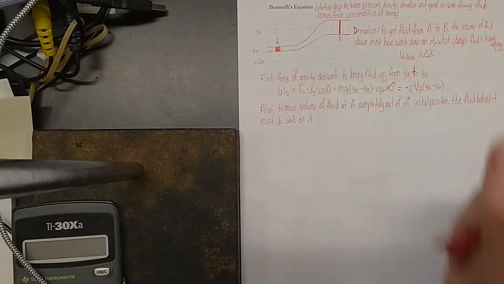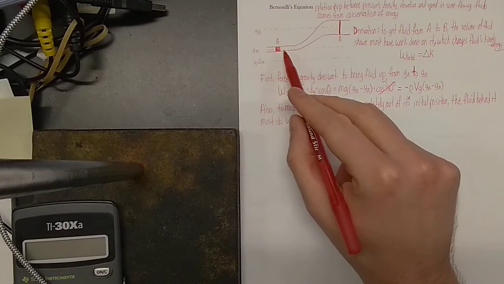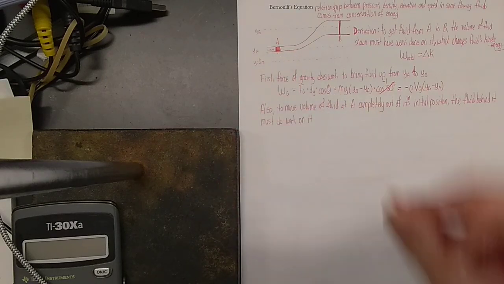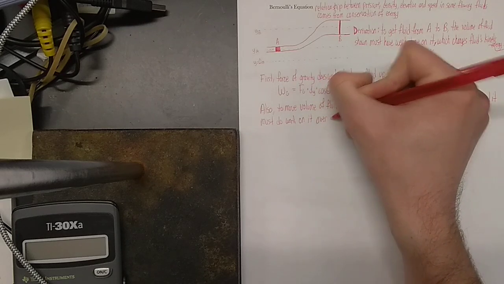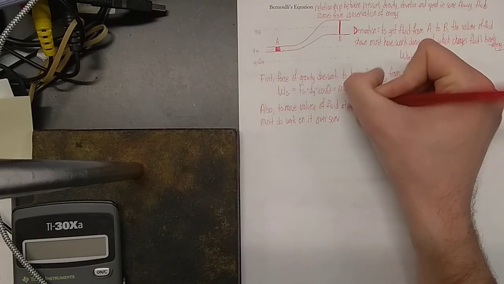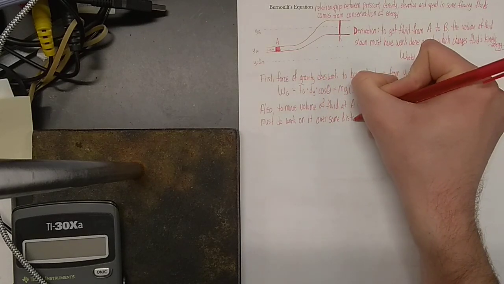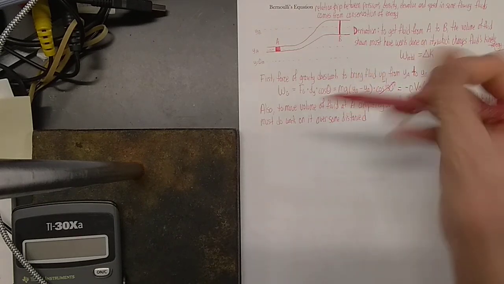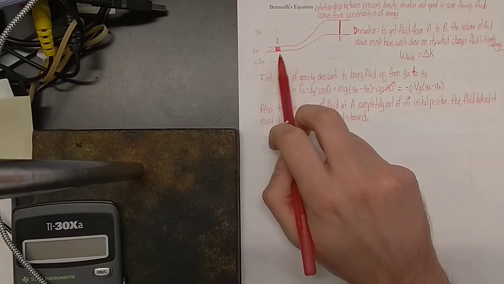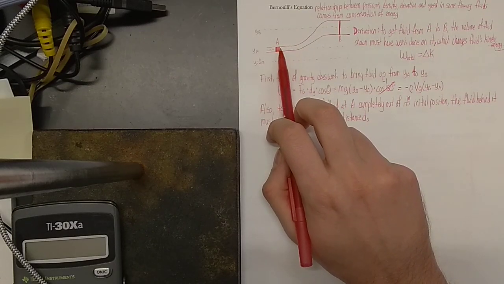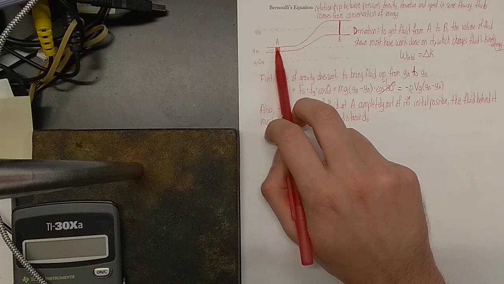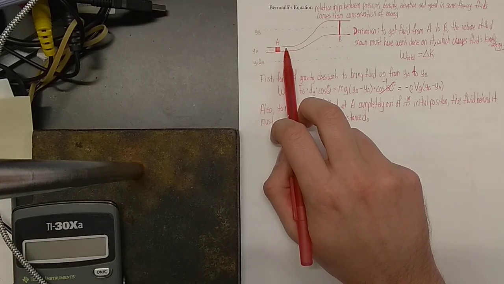In other words, the fluid behind it must push on the fluid at A until it's completely moved out of its position right there over some distance. I'm just going to call it dA. So in order for this amount of fluid to completely vacate, this fluid back here has to put a force on this much volume of fluid to completely move it out of its position.